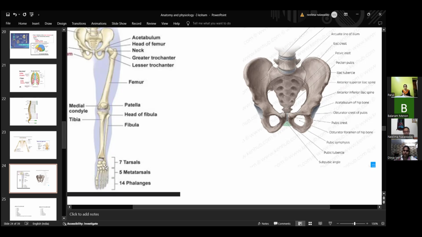So like that, 7 tarsals, 5 metatarsals, and 14 phalanges. Okay. Is it clear? The names are a little bit difficult to memorize, but still it is not that difficult. So just go through it again and again, and you will find it simple.